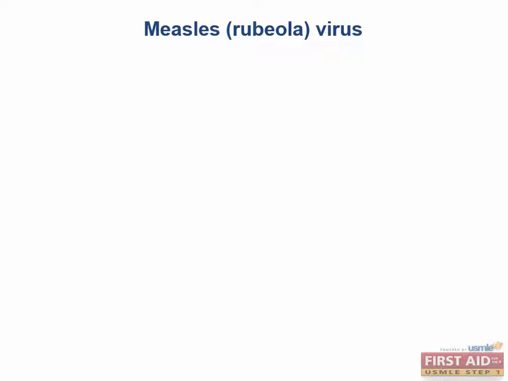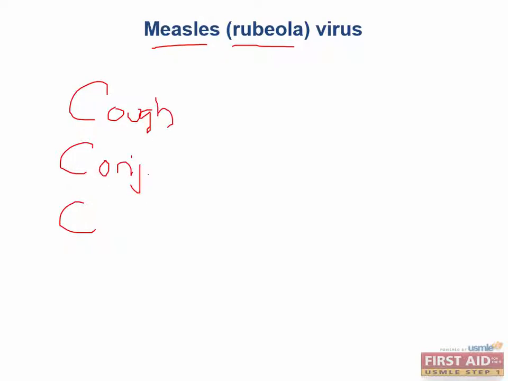The measles virus, also called rubeola virus, causes measles. Measles is an important virus to know for step 1 because it has a lot of very classic and testable information, including the viral prodrome that is commonly referred to as the 3 C's, which include cough, conjunctivitis, and coryza.